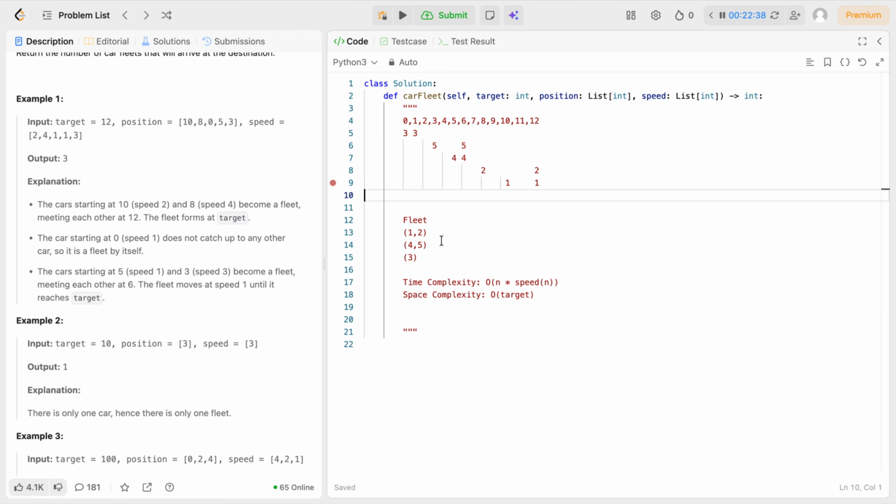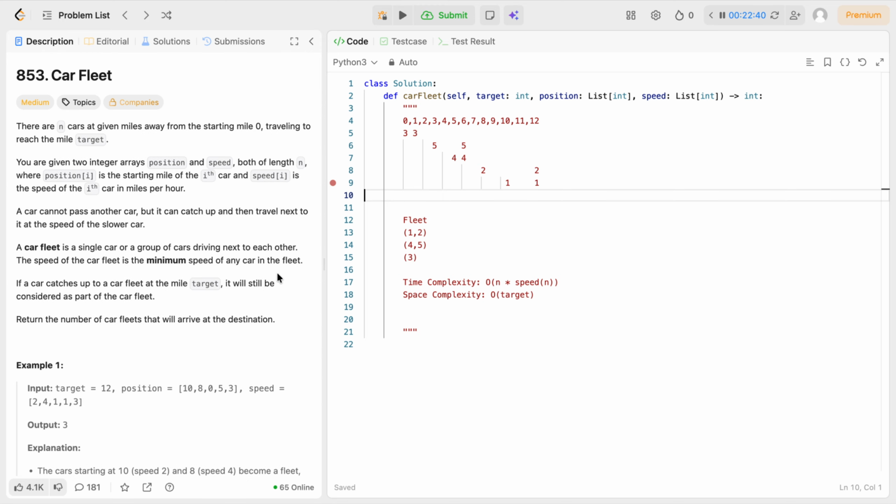What I do when I look at stacks, just some things I've noticed: there's a lot of parentheses questions, and when there's parentheses involved, there's usually some form of stack. When there's an opening and a closing parenthesis, you can potentially use a stack to make your life easier.